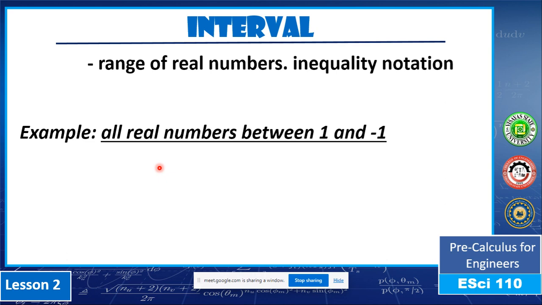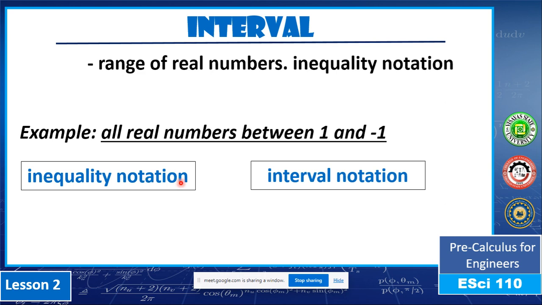So for example, to visualize, we have all real numbers between 1 and -1. How are we going to annotate this into inequality and interval? For the inequality, it says all numbers between 1 and -1, it doesn't say that 1 and -1 are included. Therefore, this expression is a strict inequality. So we have -1 less than x, since it is between, meaning x is greater than -1, but x is less than 1.